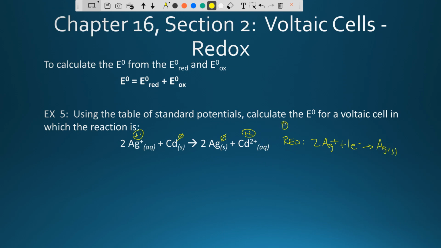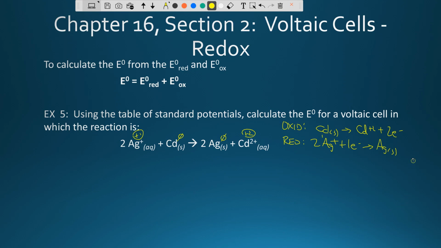And my oxidizing agent is going to be my cadmium, because it's going from cadmium metal into cadmium 2 plus, and to do that it's going to be giving off 2 electrons.